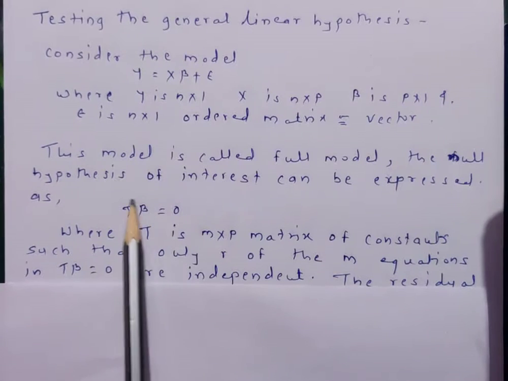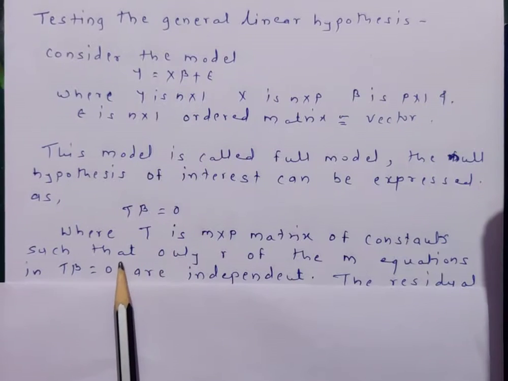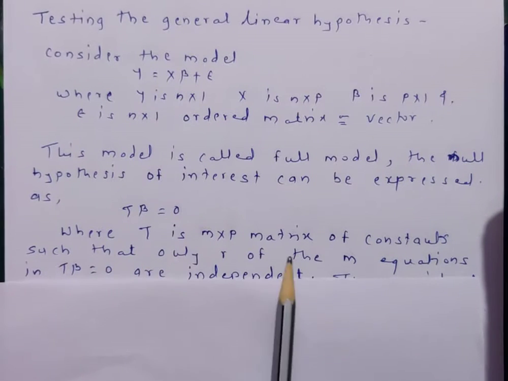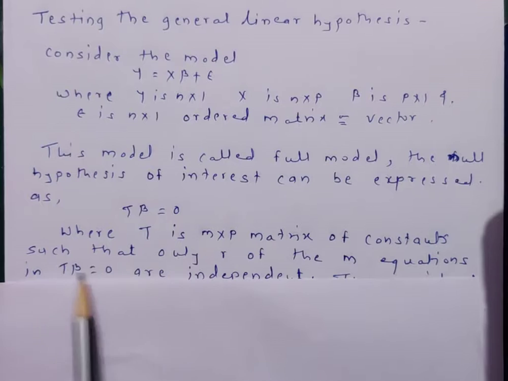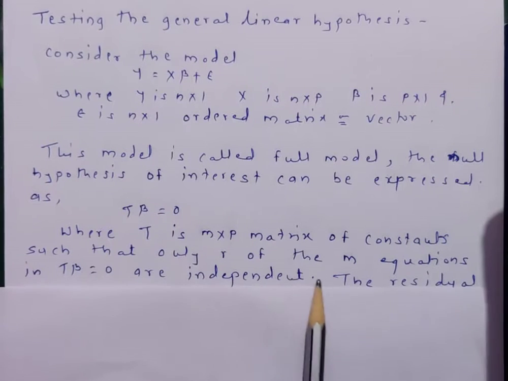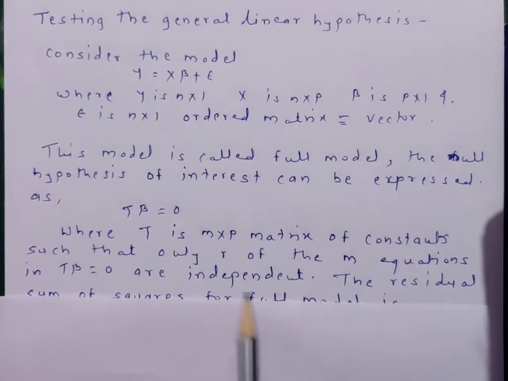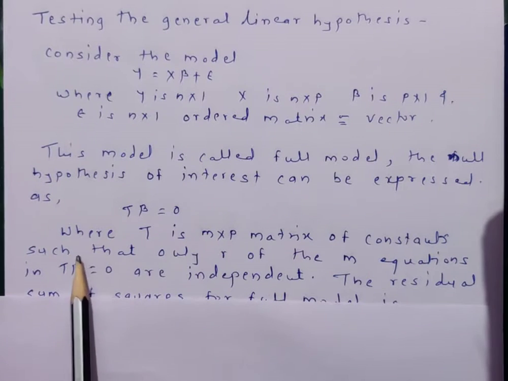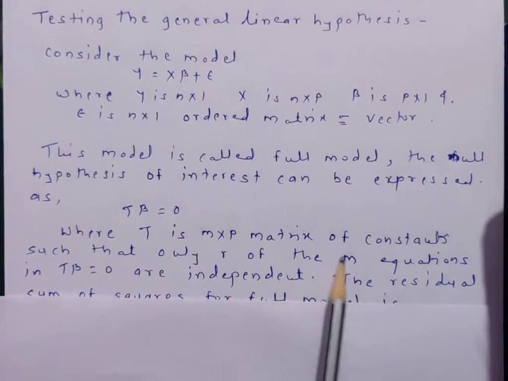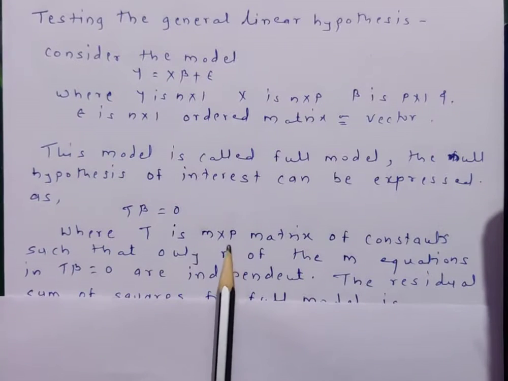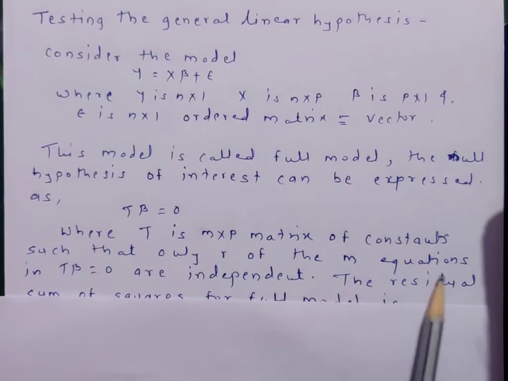In this manner, the hypothesis will be tested in the form T beta is equal to 0, where T is an m by p matrix of constants, such that only r of the m equations in T beta is equal to 0 are independent. Over here the most important thing is that only r of the m equations are independent.